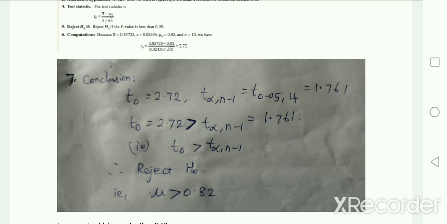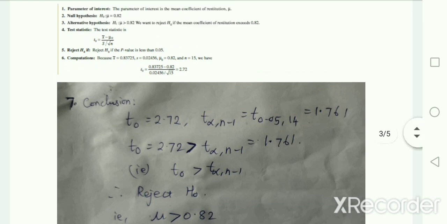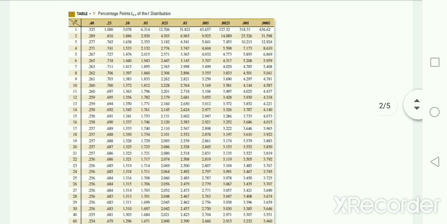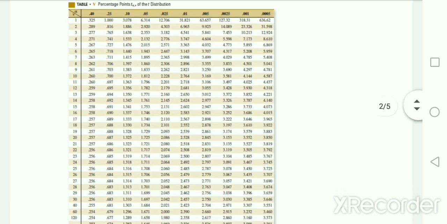So here t naught is 2.72, alpha is 0.05, and degrees of freedom n minus 1 is 14. From the t table, for degrees of freedom 14 and alpha value 0.05, we have the value 1.761.